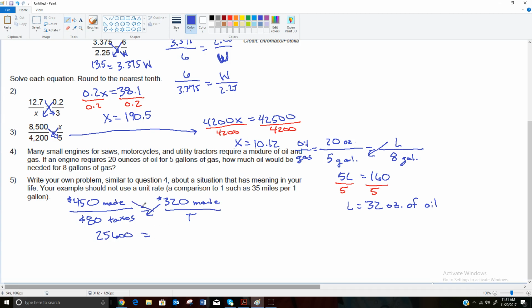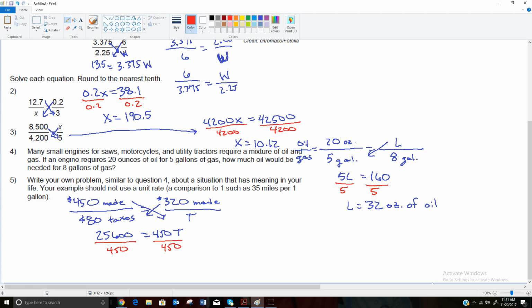And then over here, when you cross multiply, you get 450t. And so 25,600 divided by 450. So divide this by 450.